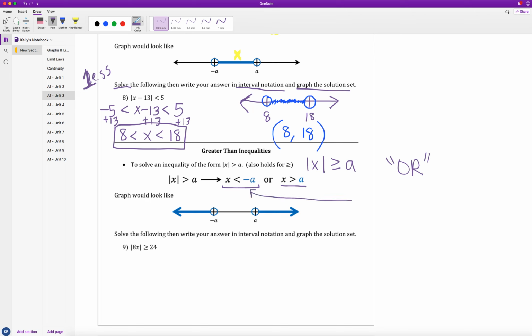So this other case over here, we have a negative a, and because of the negative, we have to flip that inequality sign for us. Because when we multiply or divide by a negative, we have to flip the inequality. So the absolute value of x greater than a is going to be solved by breaking it apart into x less than negative a or x greater than positive a.